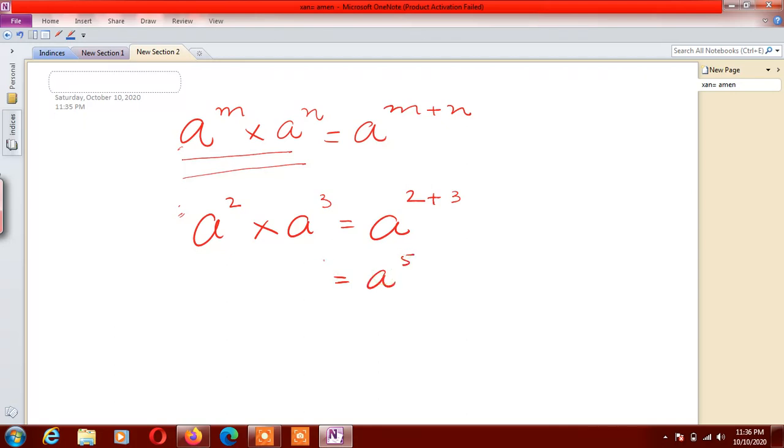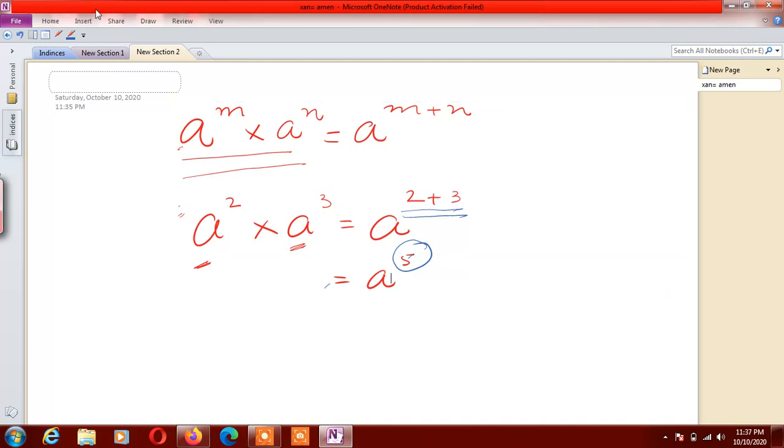So the multiplication law says when the bases are the same, we have to add the powers. Here I have added 2 plus 3, and it is equal to 5. So in multiplication, if the bases are the same, the powers will be added.